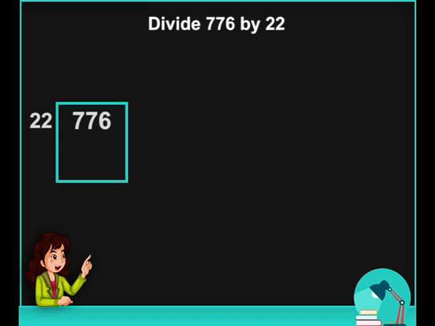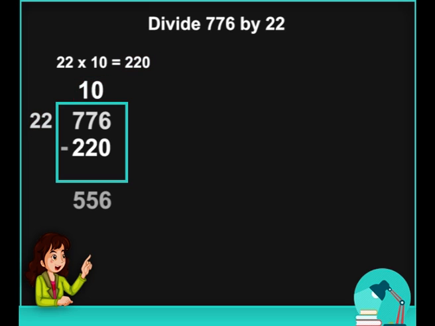Let us take 10 as multiple. 22 multiplied by 10 is 220. Write 10 at the top and the product of 10 and 22, which is 220, just below the dividend 776. 776 minus 220 gives us 556.